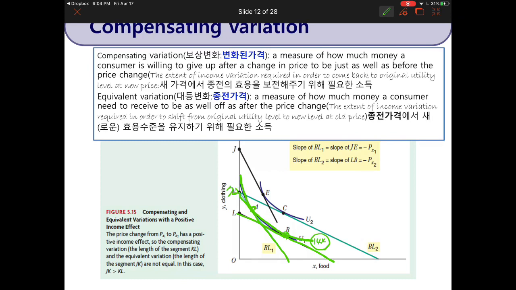It was 72, but now it becomes 48. So, to make him just as well off as before the price change, at the price of 9 for good X, how much money is the consumer willing to sacrifice? The gap between these two will be 24.